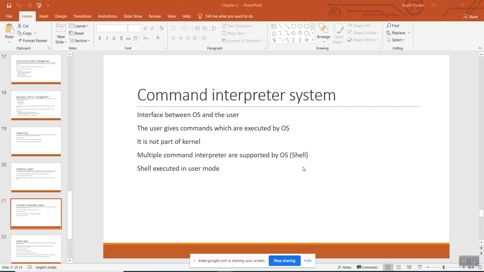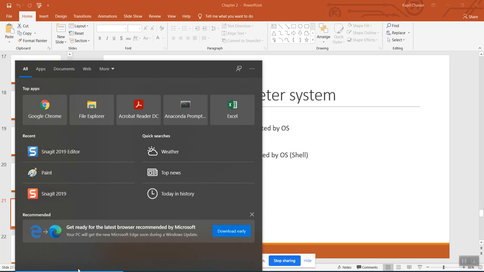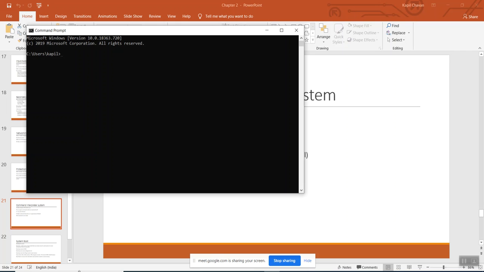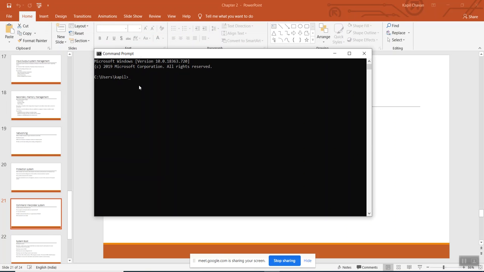I will show you here what the command interpreter is. You can simply go to Start, type CMD and press enter. Here you will get the command prompt. This is nothing but the shell provided by the Windows operating system, but generally on Windows it is not called a shell, it is called a command prompt.